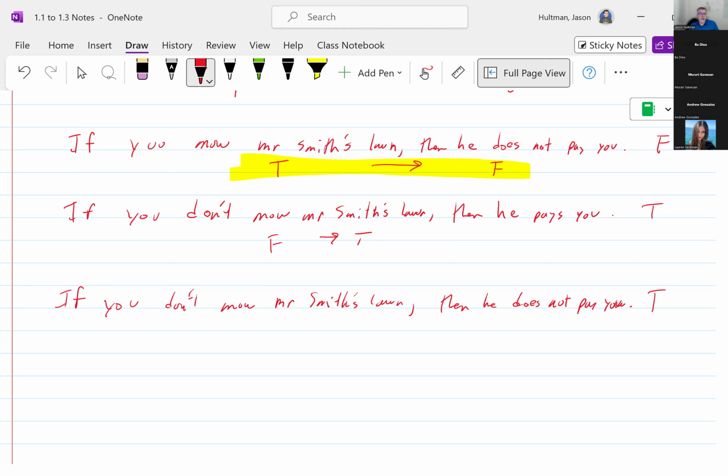Okay, obviously, if I don't mow the lawn, there's no premise for payment. The only time you have a premise for payment is if your hypothesis is true. And if you break the contract, then it's false. That make sense?